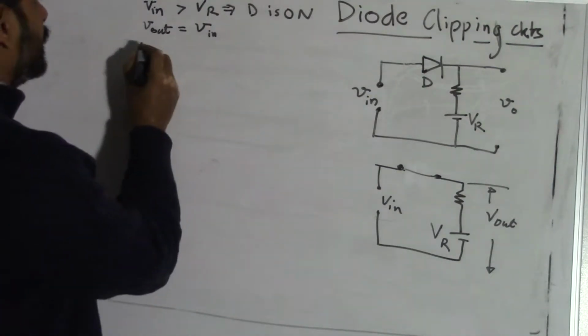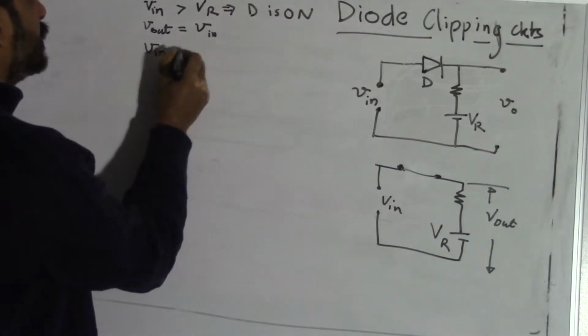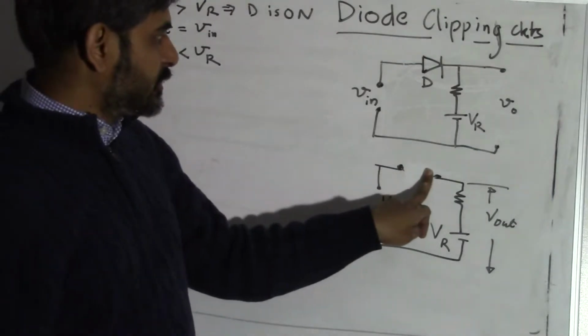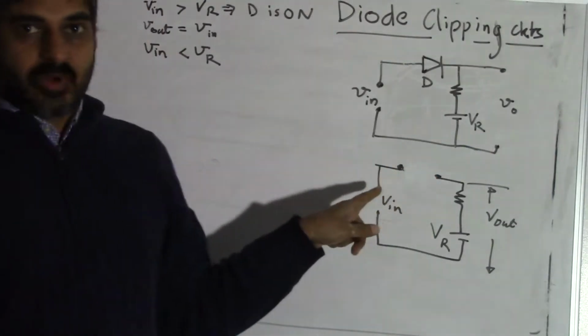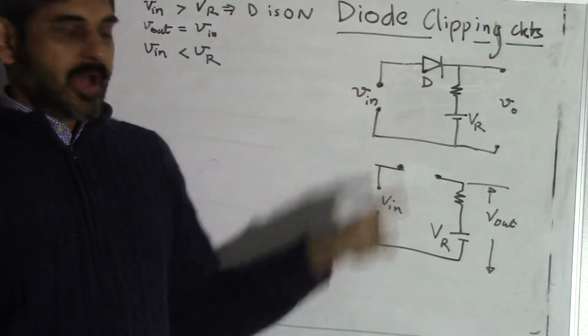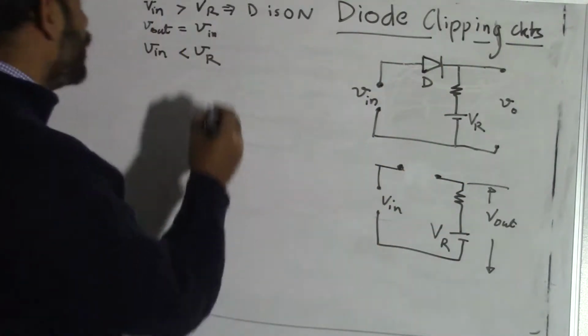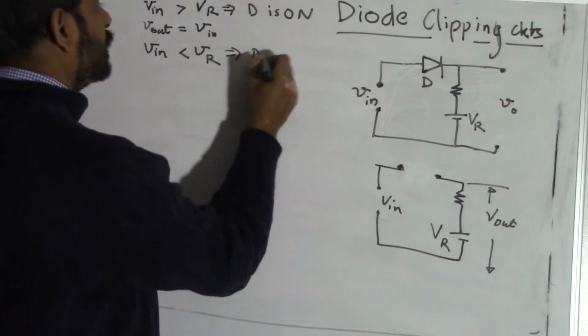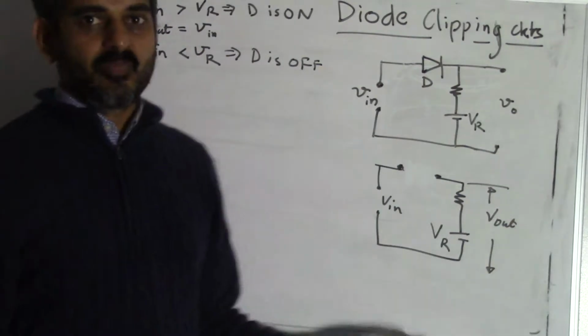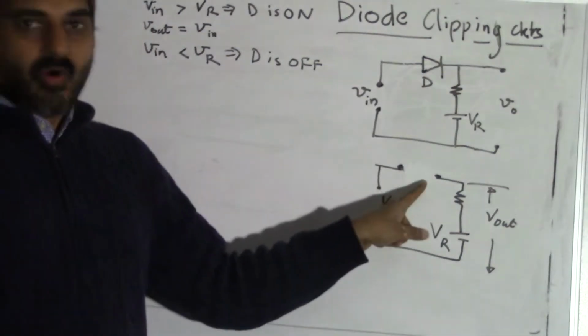And then the second case, when V in is less than VR, which means this voltage is less and this voltage is higher, so this end of the diode is high. In that case, the diode D is off, and this will be the circuit when this diode D is off.